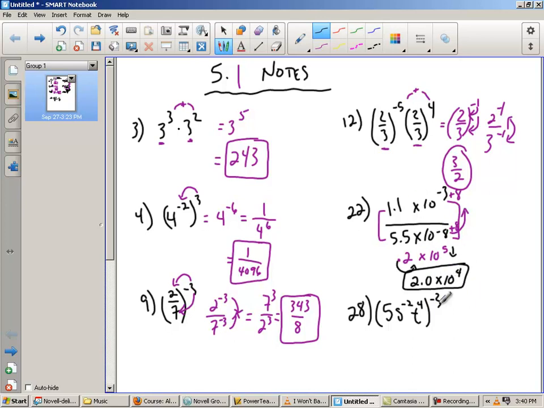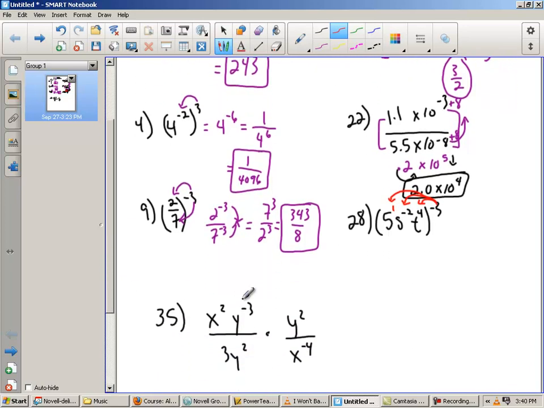Here on number 28, our work is to get this negative 3 in. We have to distribute to all of the exponents, including the exponent of the 5. Well, 5 has an exponent of 1, so that makes it 5 to the negative 3rd, s to the 6th, t to the negative 12th.